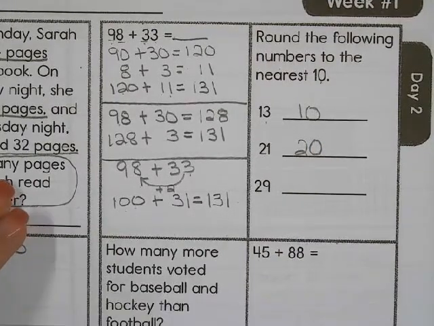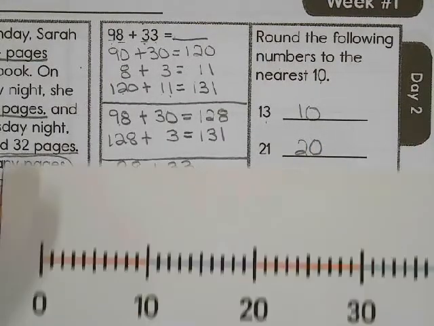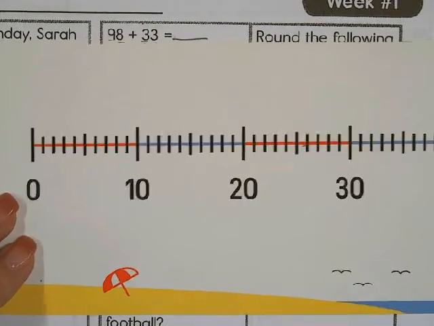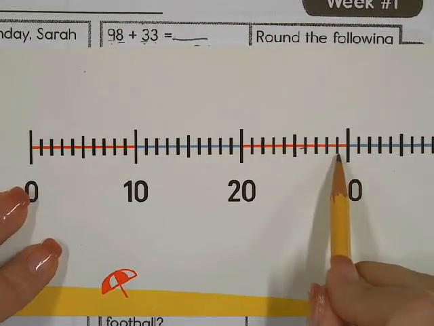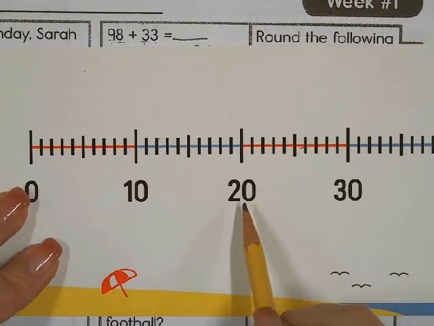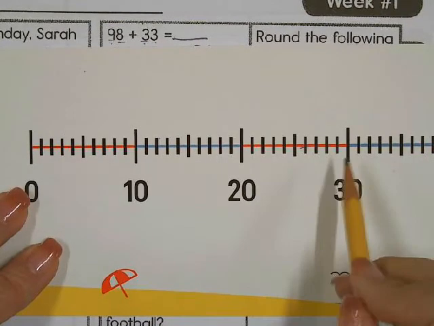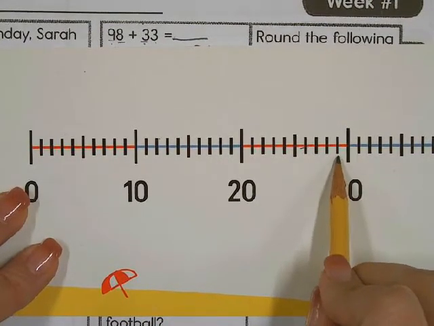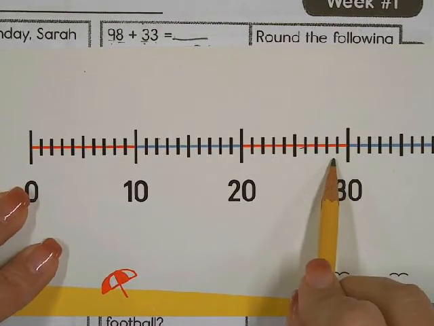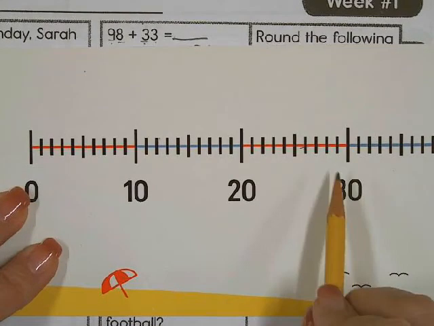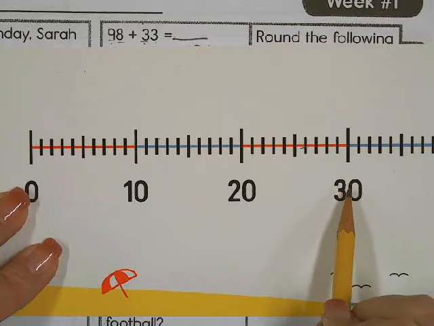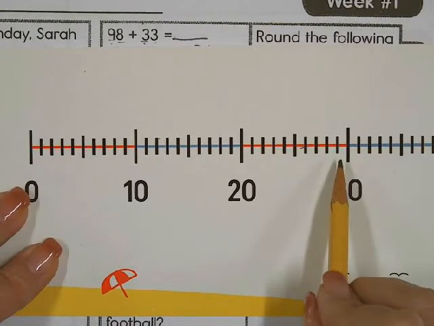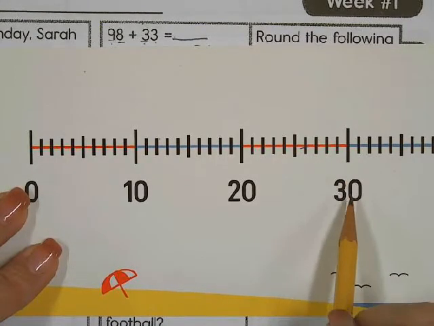Now, let's take a look at the number 29. Again, 29 is going to be between the tens of 20 and 30. It is going to be right here on our number line. Now, if you notice, 29 is 1 away from 30.